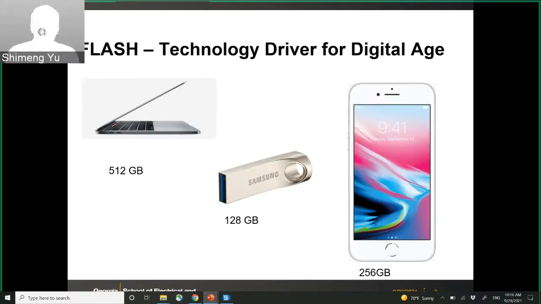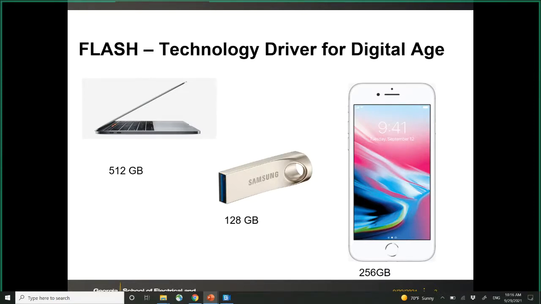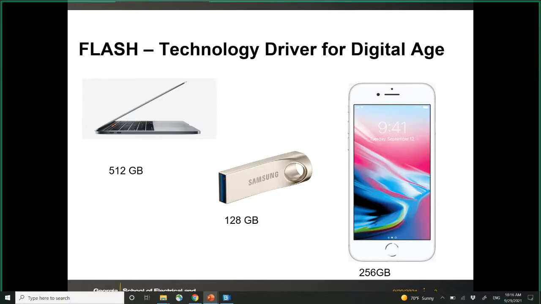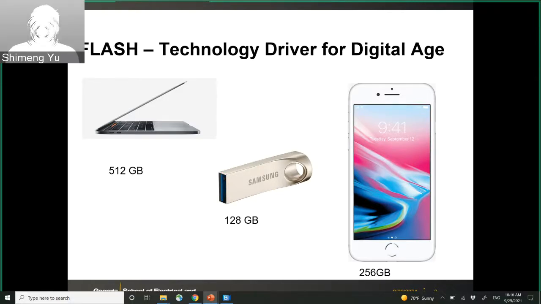First of all, NAND flash is a technology driver for the digital age. The iPhone business became dominant because of two technologies, actually. If you think about more than 10 years ago, when the first generation iPhone or smartphone appeared, there were two enabling technologies for the smartphone business.